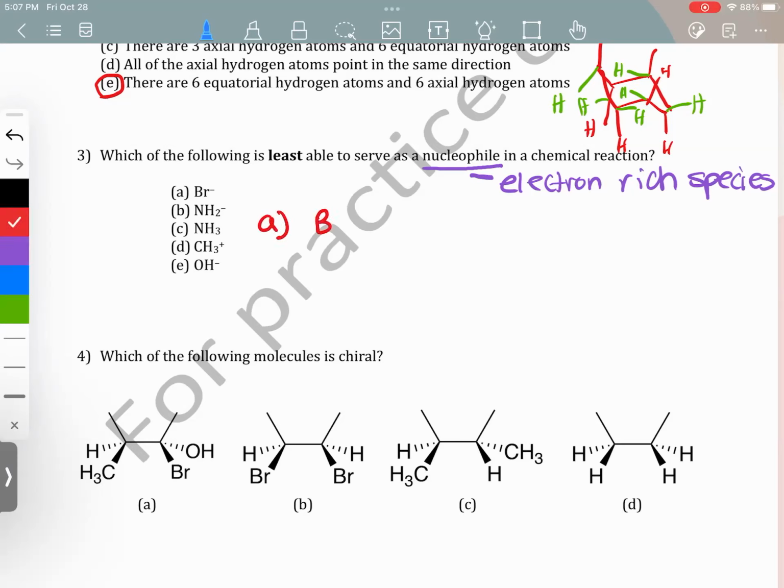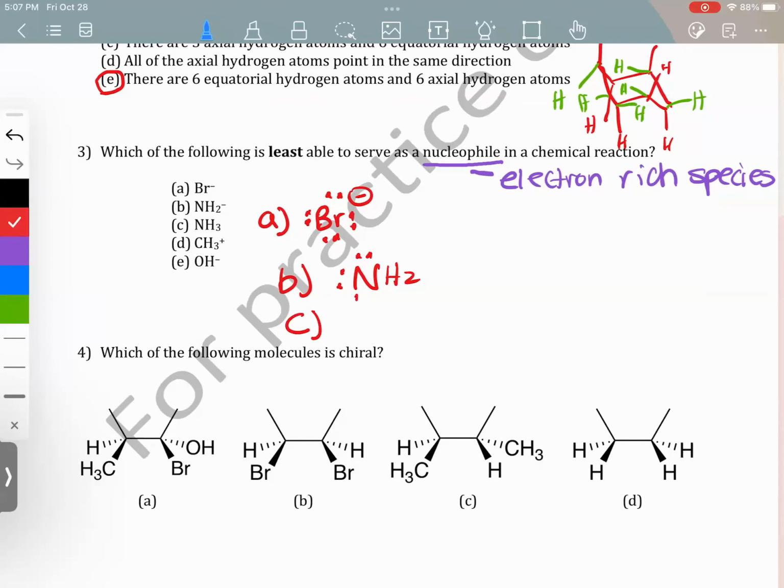So we have answer choices here. A is Br minus, which is this. B is NH2 minus, which is this. C is CH3 plus, so that's this. Carbon has a positive charge.